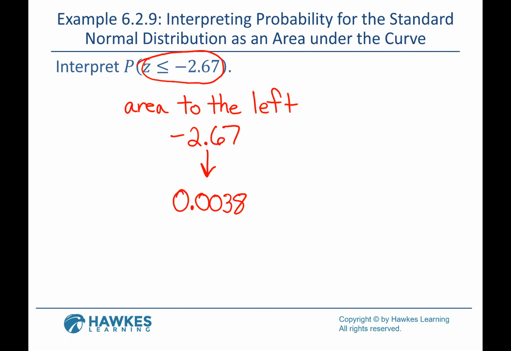We don't have to just ask this question about z's. We can ask about x's. We can say, what's the probability that a baby born weighs less than some certain number? That's continuous data, a measurement, and lots of things end up taking a normal distribution shape. So there, we could change that weight into a z, and then look up the area or the probability in our tables. That's where we're headed.